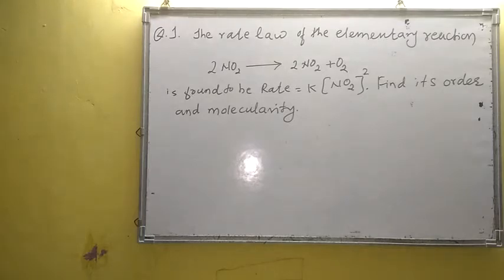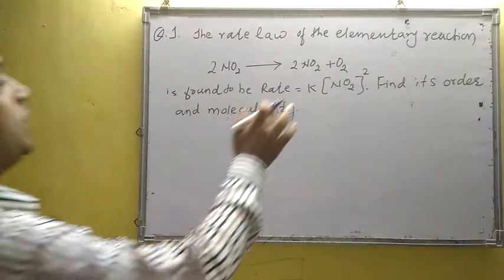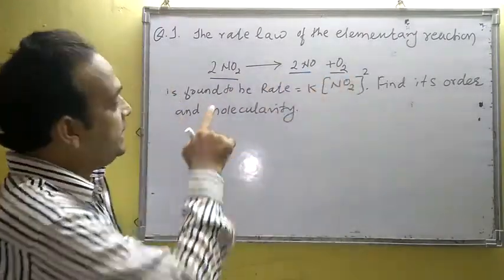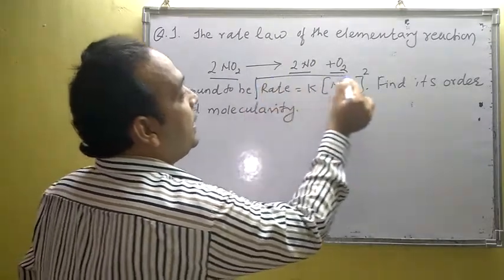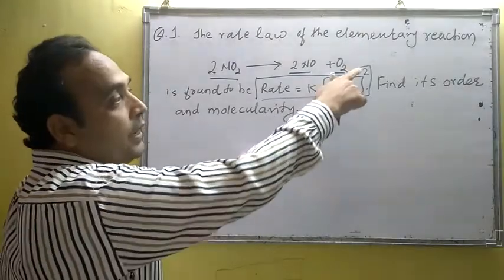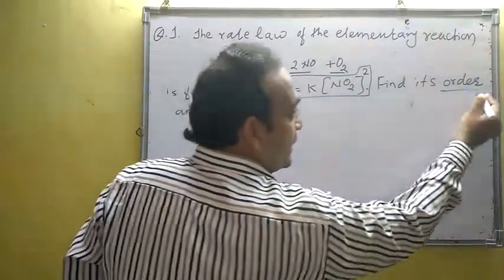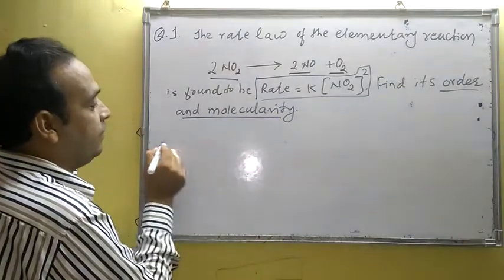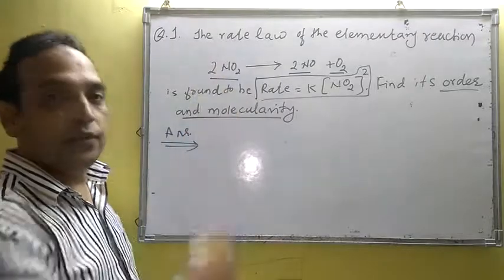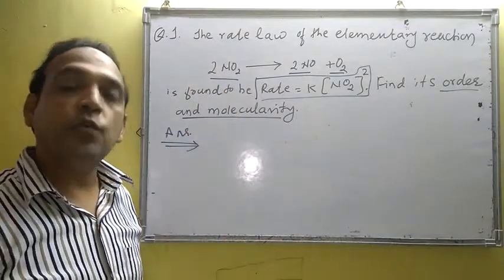The rate law of the elementary reaction, 2NO2 convert into 2NO plus O2, is found to be rate equal to K, concentration of NO2 raised to the power 2. Find its order and molecularity. Now this question is given to you, right? What is the order of reaction and what is the molecularity?